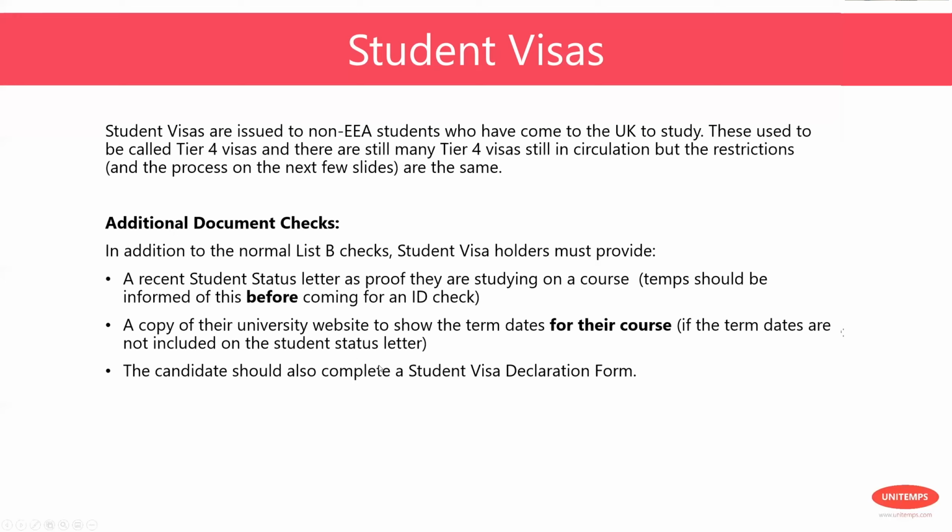The last one, the declaration form, isn't a legal requirement, but it's a process requirement at Unitemps because it's good practice. When you're next audited by the Home Office, it's really useful to be able to demonstrate that you've communicated this information to the candidates.